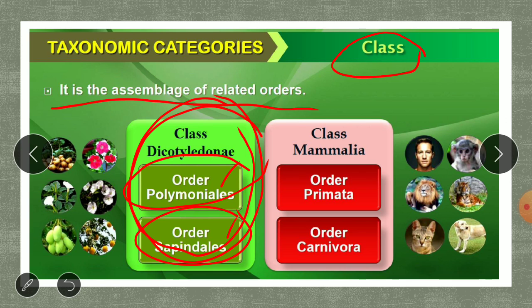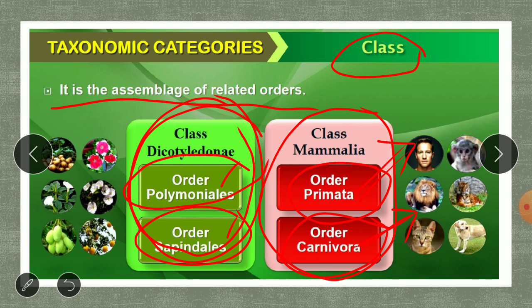In animals, if you take the example, order Primata, that is nothing but the human beings, and order Carnivora, that is the dog, cat family, are put into a common class that is Mammalia. What is the common feature between the human beings and the cats and the dogs? The common feature between us, whether it is a cat, dog, lion, tiger, or monkey or human being, is that all of them are milk producing organisms.